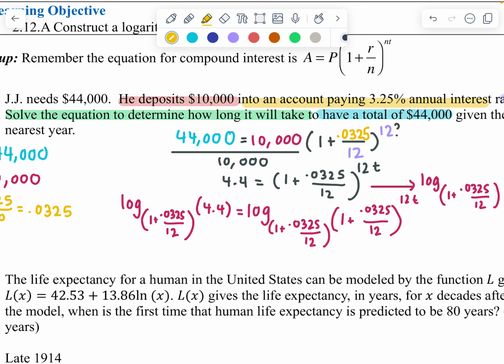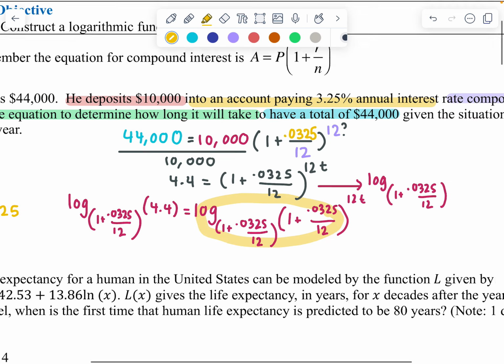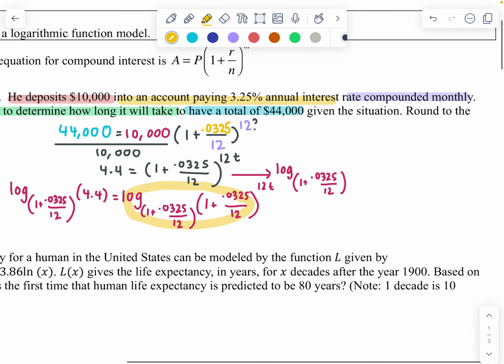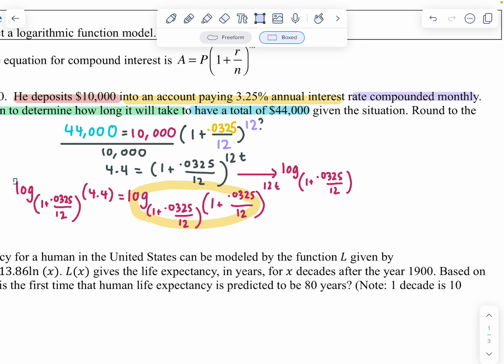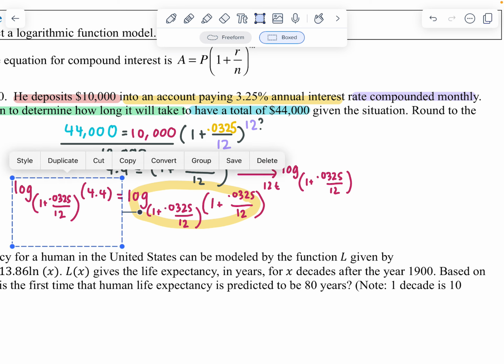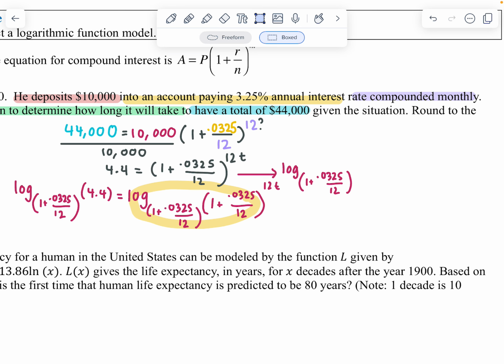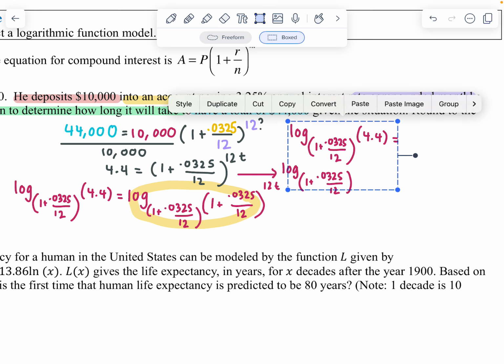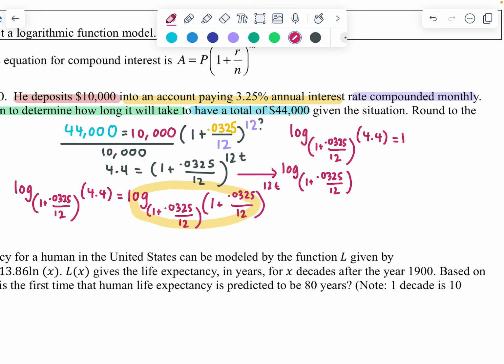This here simplifies to be 1, so we end up getting our log base 1 plus 0.0325 over 12 of 4.4. So that'll go here, and it's equal to 12t.